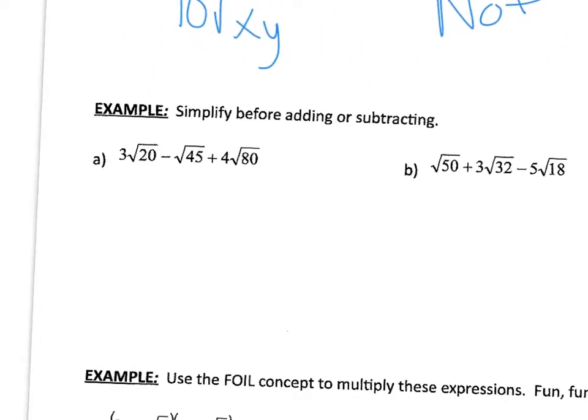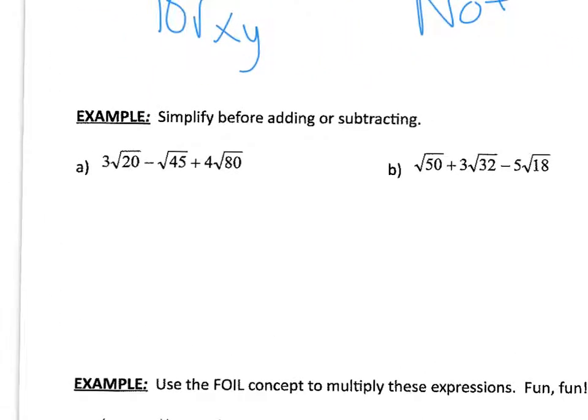you add or subtract. So what I'm going to do is break down root 20. So root 20 is 2 root 5, minus the square root of 45 is 3 root 5. And then the square root of 80 is 4 root 5.